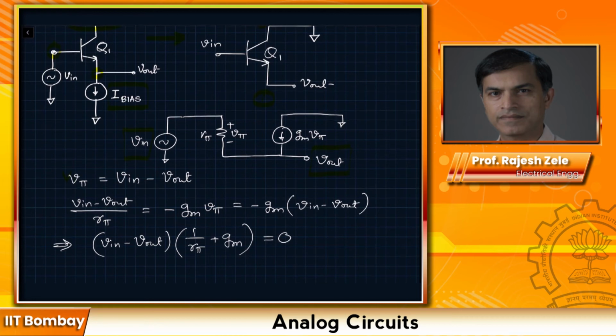I hope you got the same equation. Now what does this equation really mean? V in minus V out multiplied by the reciprocal of R pi plus Gm equals 0.